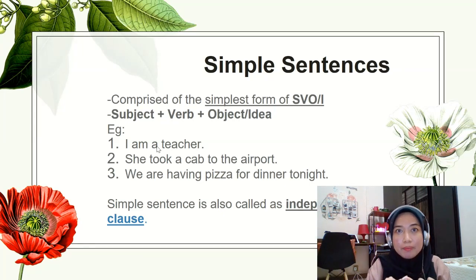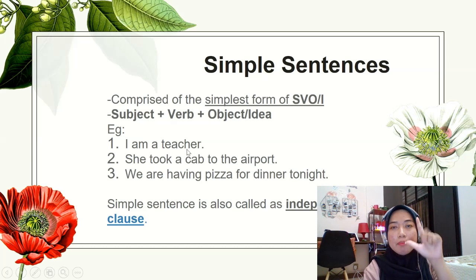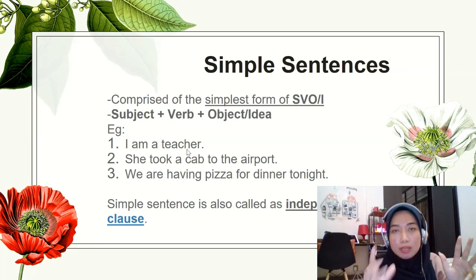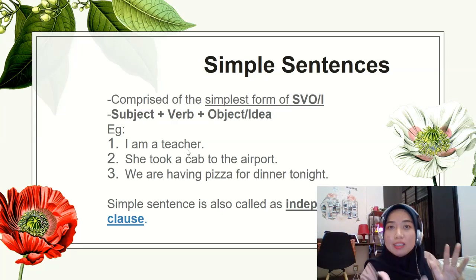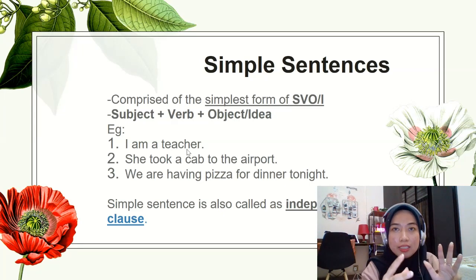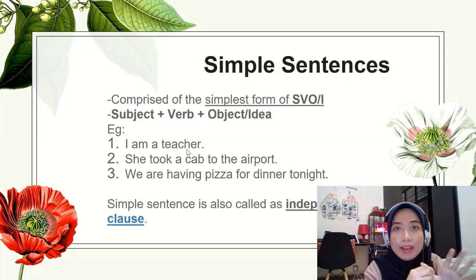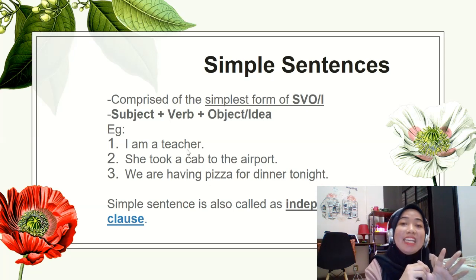Can you do that? So if we were to break down the first sentence here, I am a teacher. Where is the subject? Subject is the person who's doing the action in the sentence. It is the I. Where is the verb? Verb is an action. So here the verb is am.